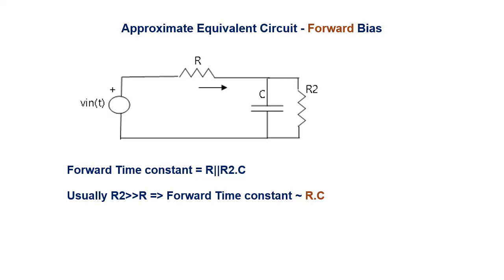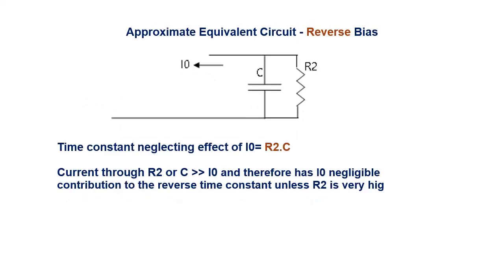Since R2 is usually much larger than R, the parallel combination of R and R2 is approximately equal to R. The forward time constant is therefore approximately the product of R and C. Equivalent circuit for the diode in the reverse bias condition is shown. Neglecting the effect of reverse saturation current, the time constant is just the product of R2 and C. It is usually safe to neglect the effect of reverse saturation current since current through R2 or C is much higher than that.